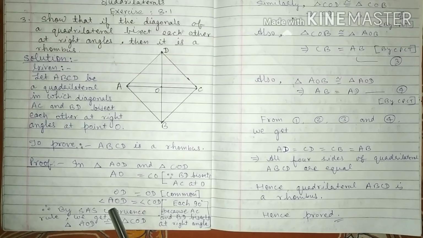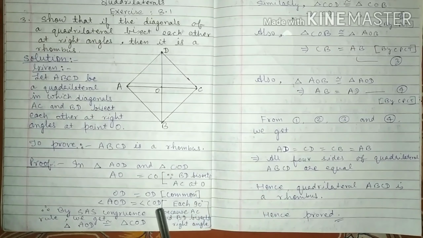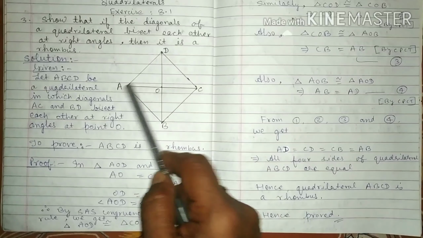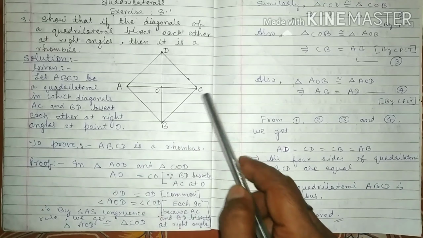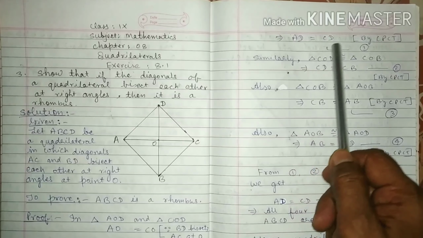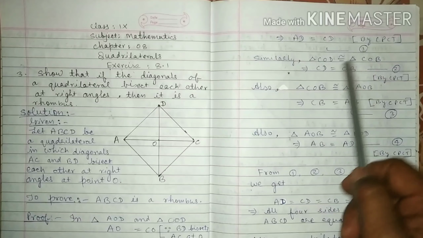Angle AOD equals angle COD equals 90 degrees because AC and BD bisect each other at right angles. Therefore, by SAS congruence rule we get triangle AOD is congruent to triangle COD. This implies that AD is equal to CD by CPCT. We consider this as equation 1.